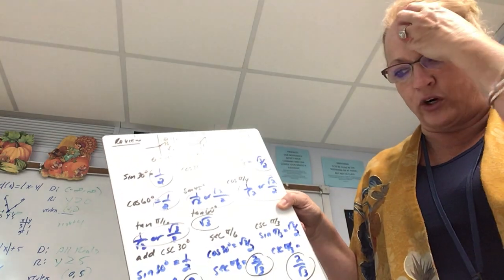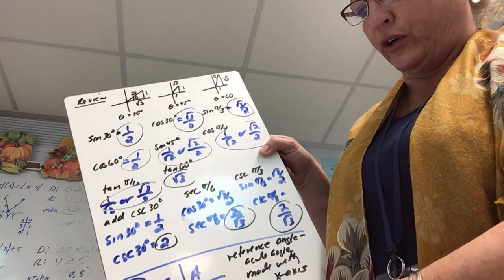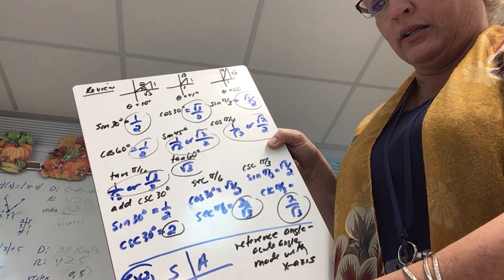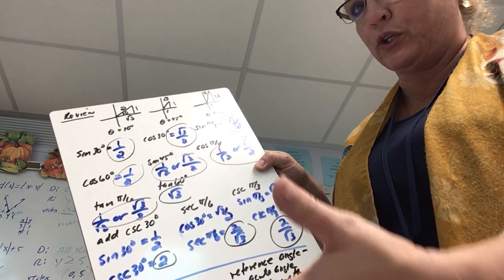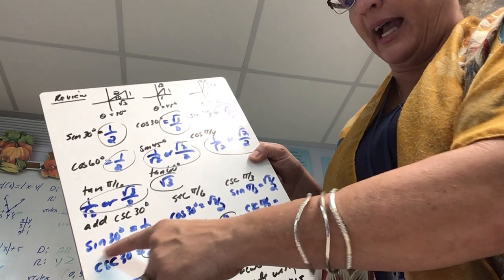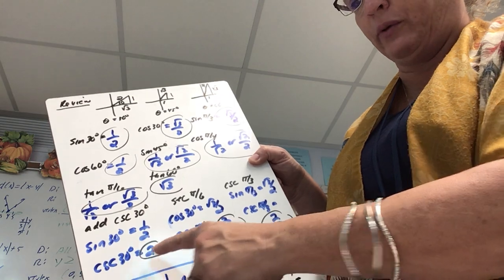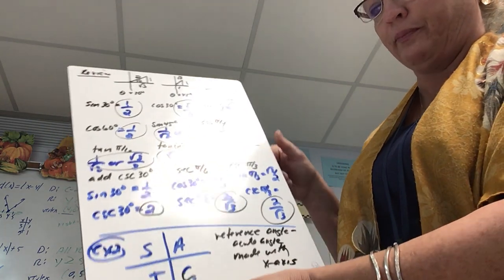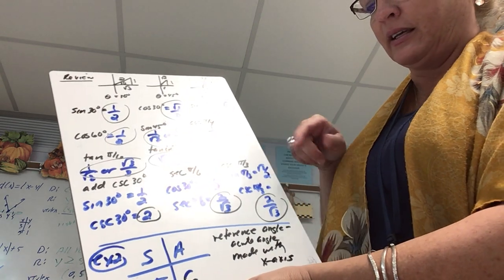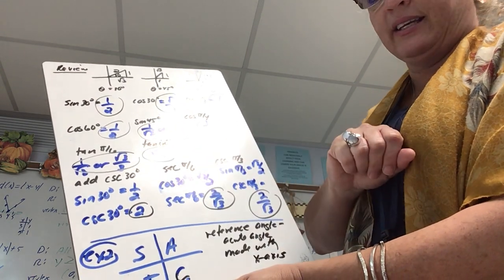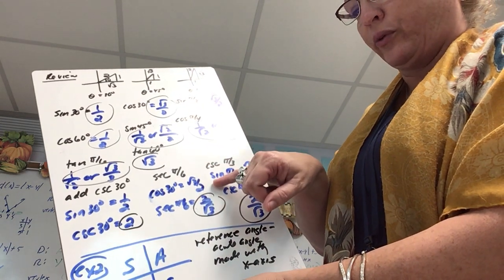Let's add some other questions to this. So let's add the cosecant of 30 degrees. Cosecant, remember, let's go to its partner with which we're familiar. Sine of 30 would be 1/2. So therefore, the cosecant of 30 would be its reciprocal, which is 2. How about the secant of pi over 6? I'm asking what's the secant of 30? Well, let's go to its partner, cosine of 30, which is square root of 3/2.